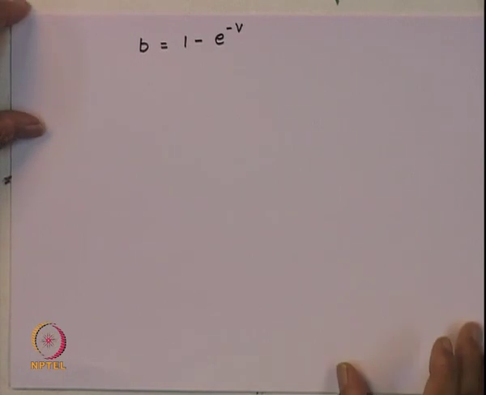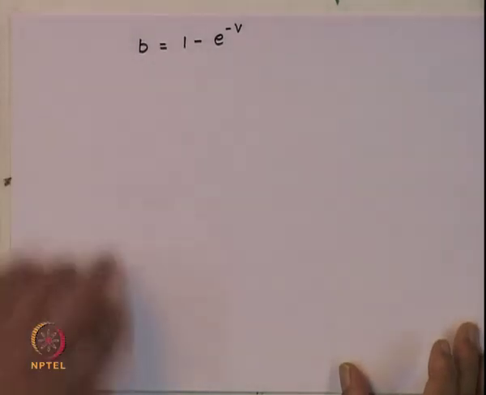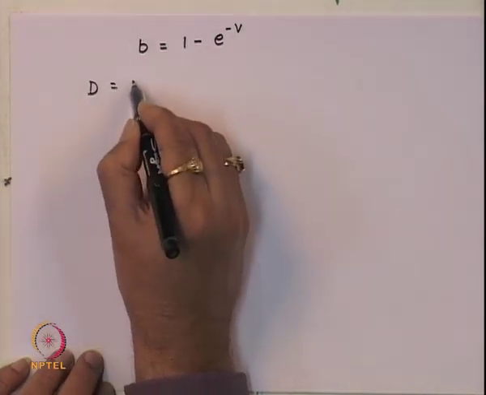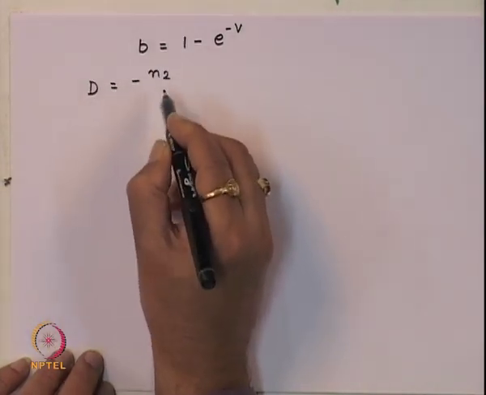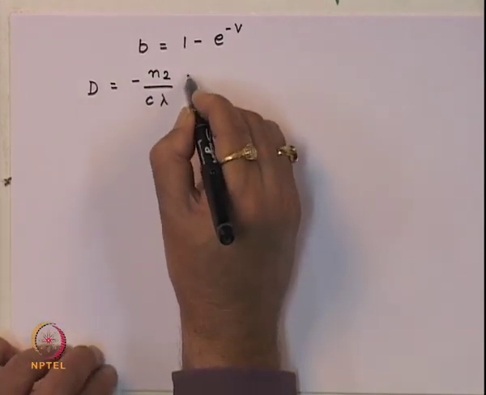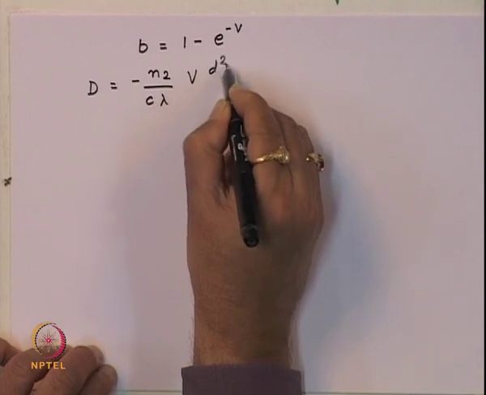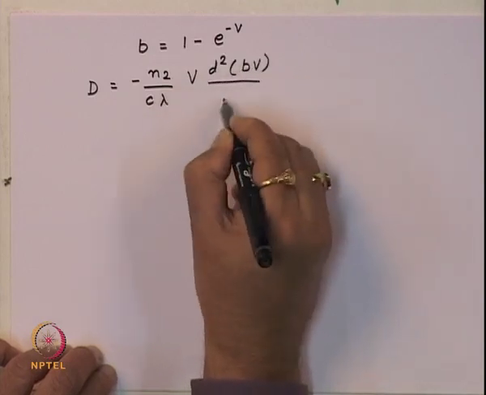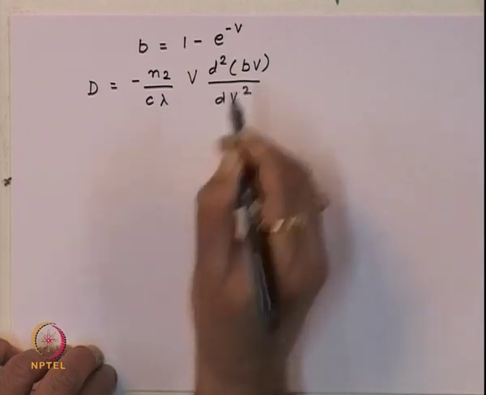Now, as we have derived earlier for the waveguide dispersion, the D is given as minus n2 upon c lambda V d2 bV by dV square.